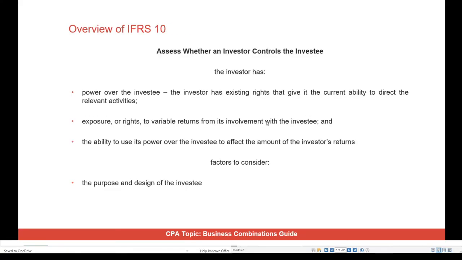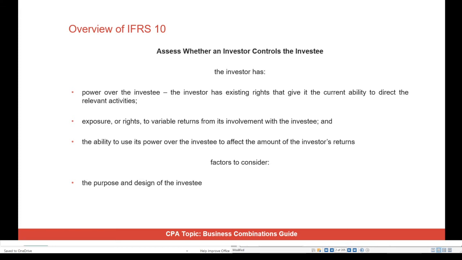All right, so at a very high level, what you want to be able to do is assess whether an investor controls the investee, and this comes from using the case facts to help support whether the investor has power over the investee, so who's really controlling the business and who can dictate what is happening, the exposure or rights to variable returns, and then the ability to use its power over the investee to affect the amount of the investor's return.